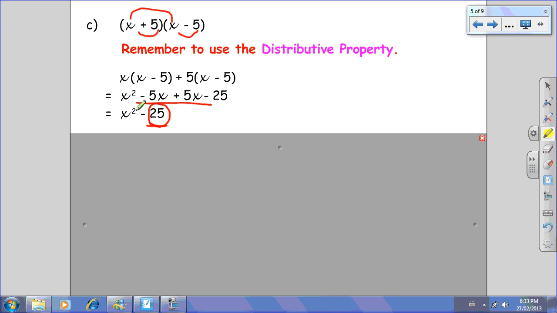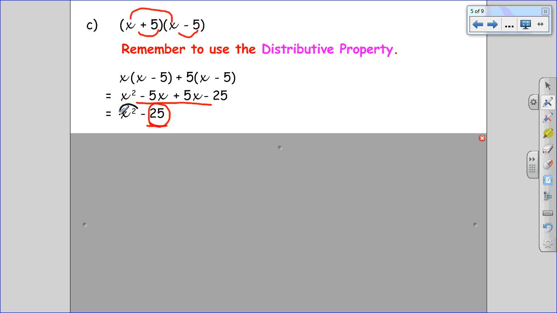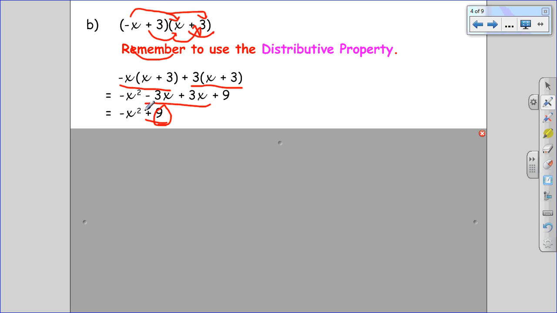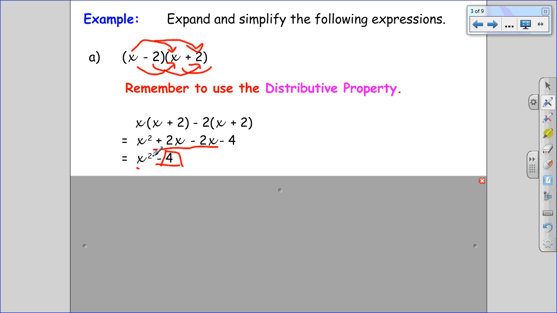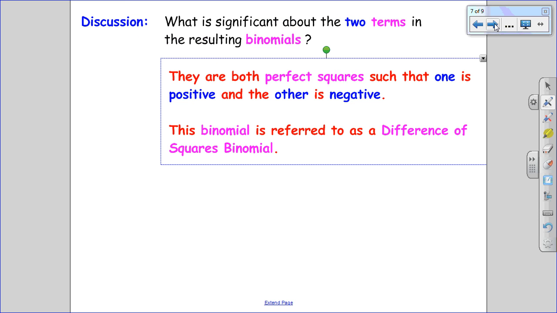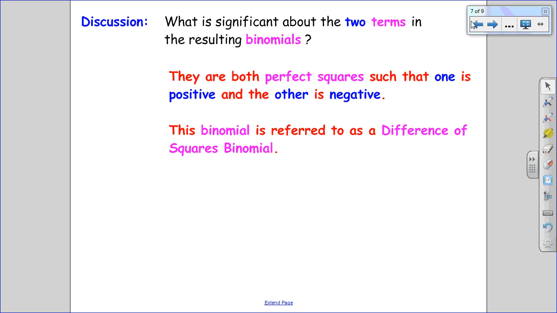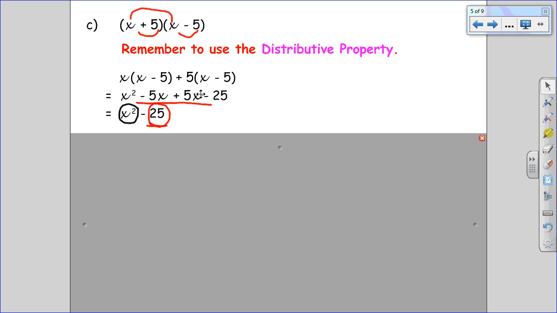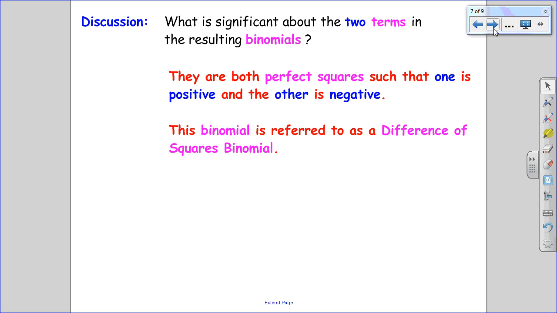If I just look at the variable part, I can take the square root of this x squared, and this x squared, and this x squared. Well, that's all great. But the bigger thing I want to figure out here now is how can I take what I'm left with, this part here, which is called a difference of squares binomial, and make it go backwards.